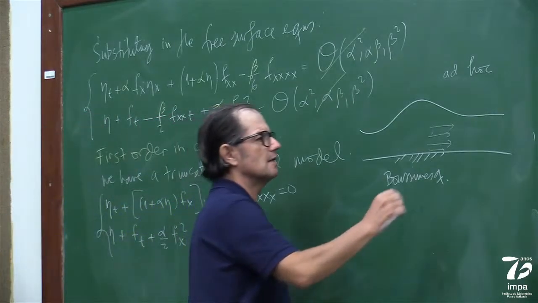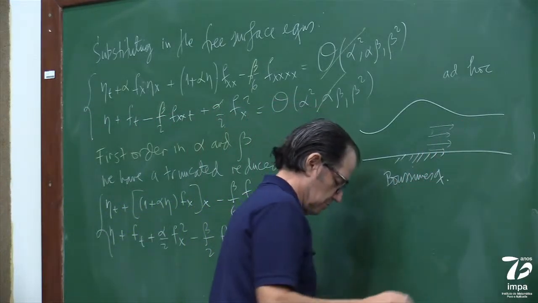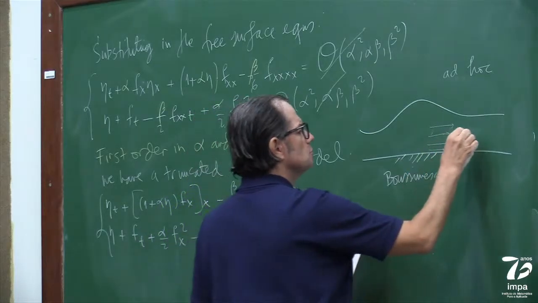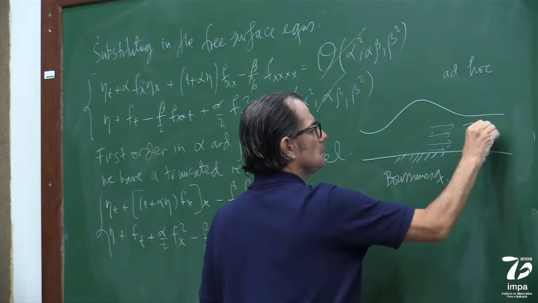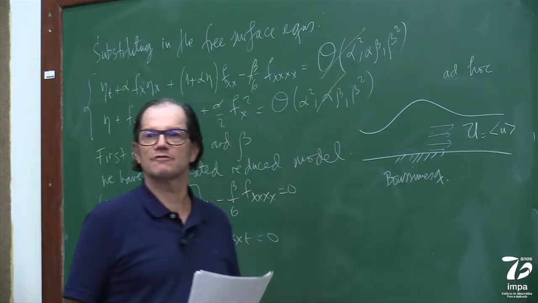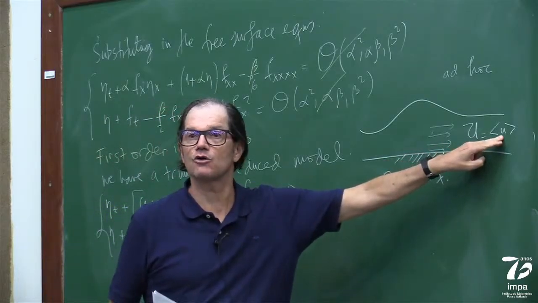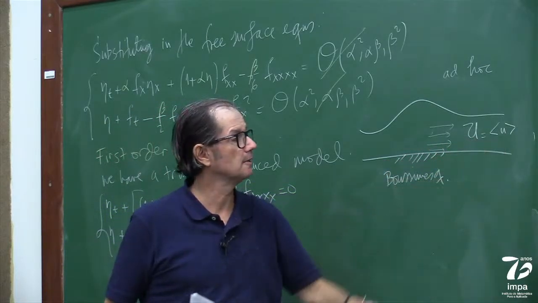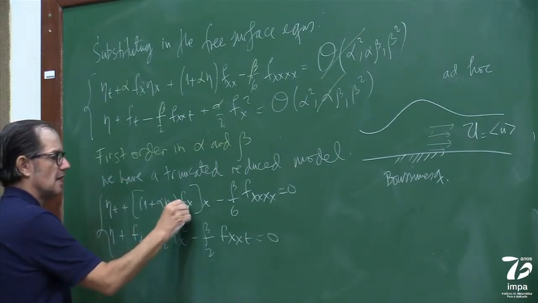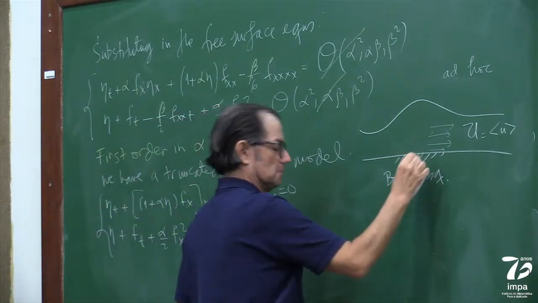Boussinesq uses, let me see what the notation is, capital U. Capital U is the vertical average of the horizontal speed. Now look at this: df/dx is this.